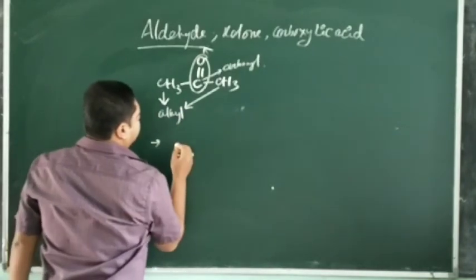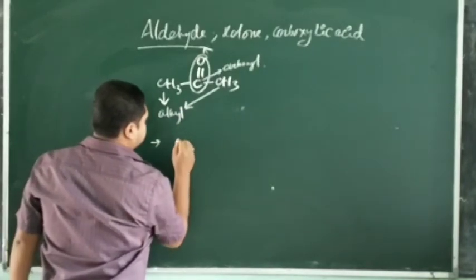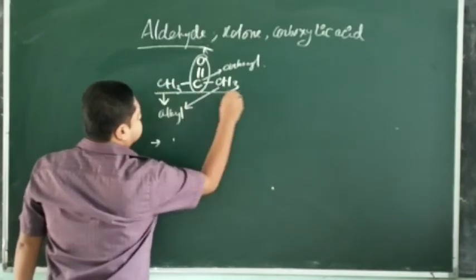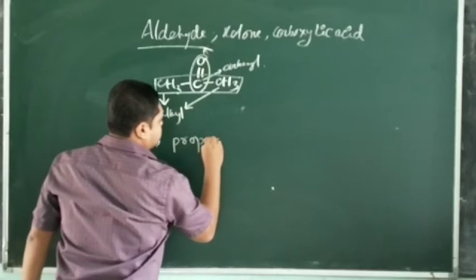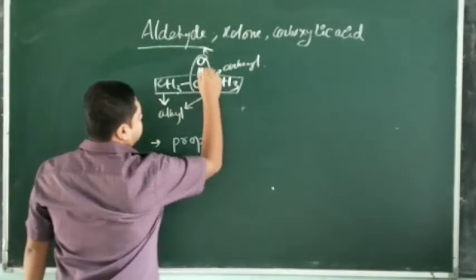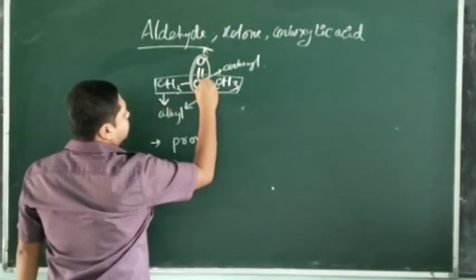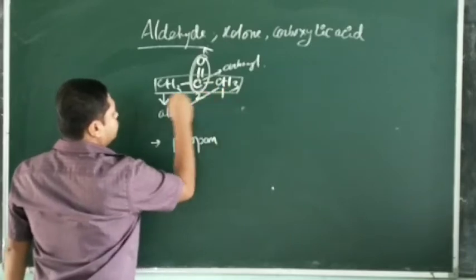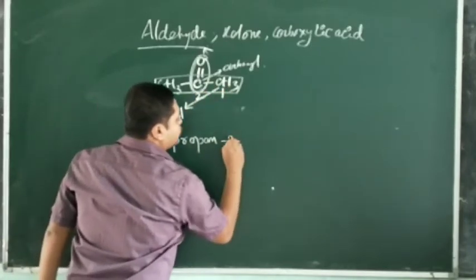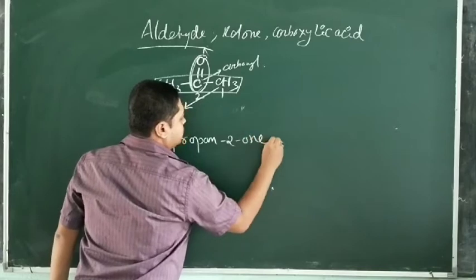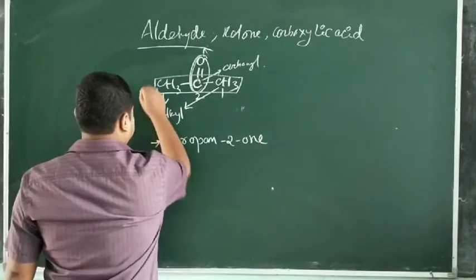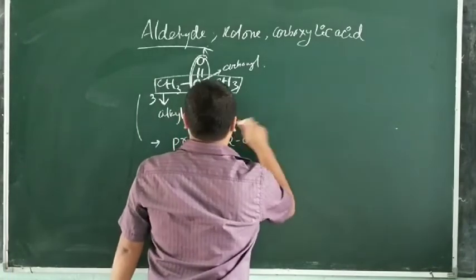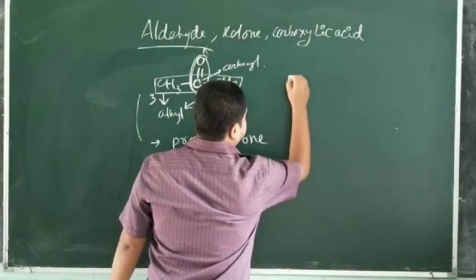So the name of this compound: there are 3 carbon atoms, that means propane, and the position of the carbonyl group is 2. This is 1, 2, 3. So propane-2-one, or propanone. So these are the nomenclature of ketones.